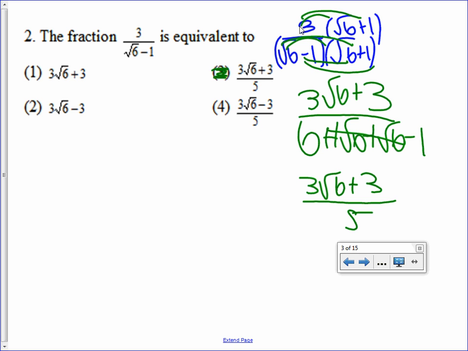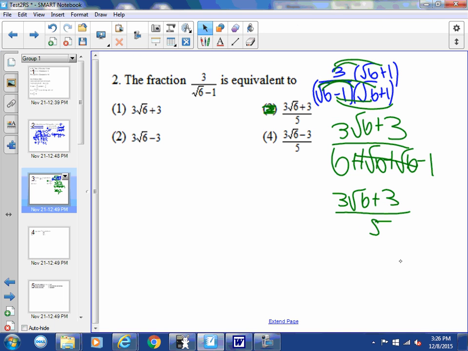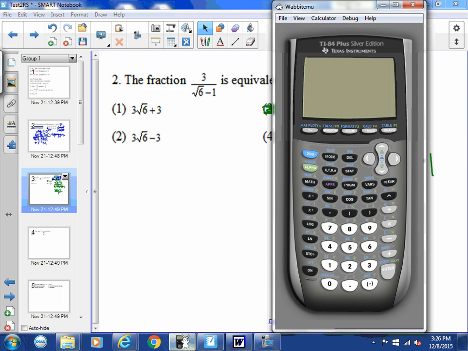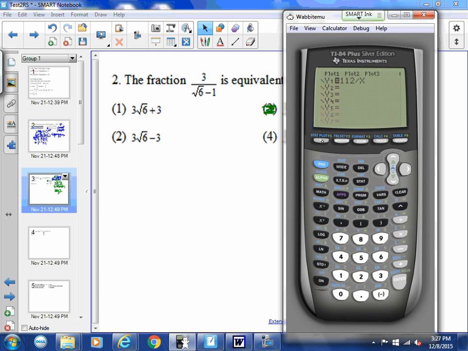Now, what we also have here is we can use our multiple choice strategy. Always look for multiple choice questions where you can use your multiple choice strategy. So I can type in the original problem. I can do alpha y equals, enter 3 over radical 6 minus 1.